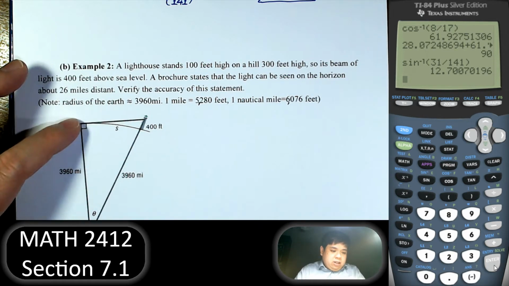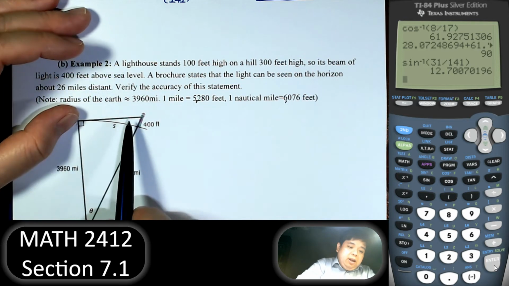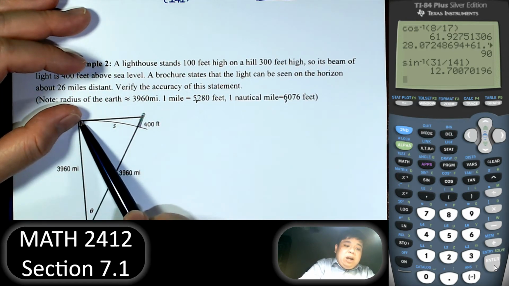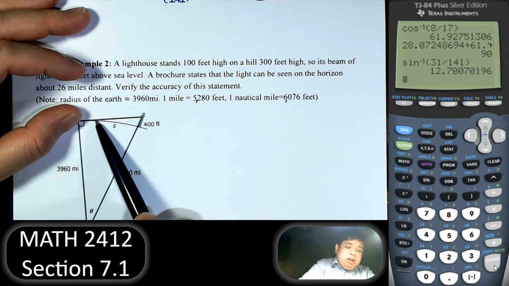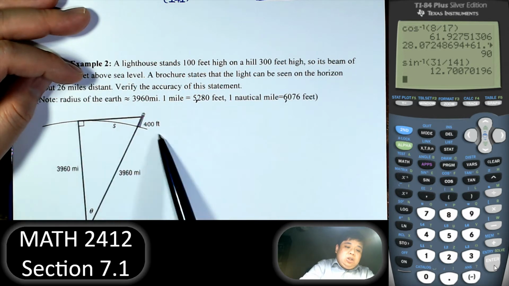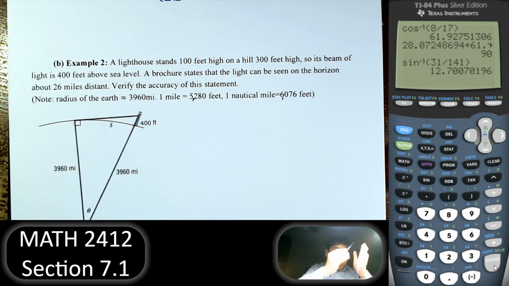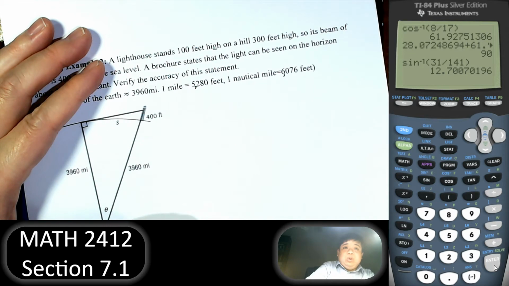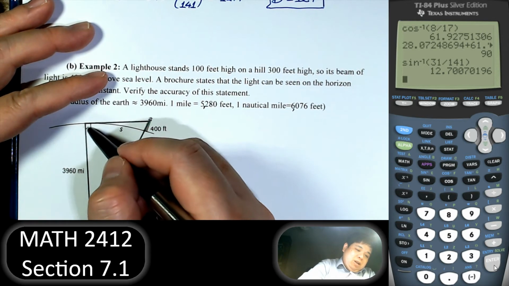Now if we look here, we do have the right triangle. The furthest distance away that we can see the lighthouse has to be tangent to the surface of the Earth. By the way, we assume that the lighthouse is built perfectly straight, meaning it goes straight down to the center of the Earth. Right, so this is what we have.